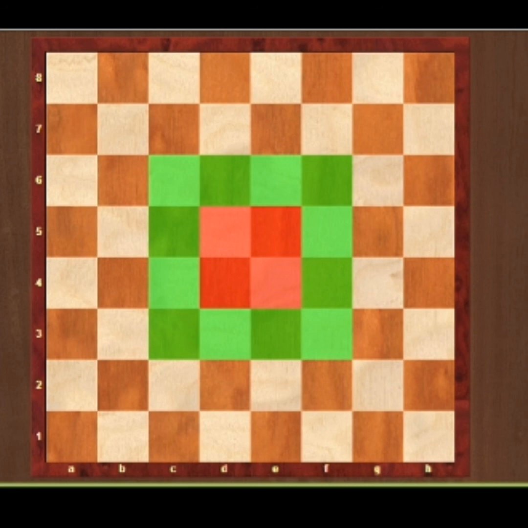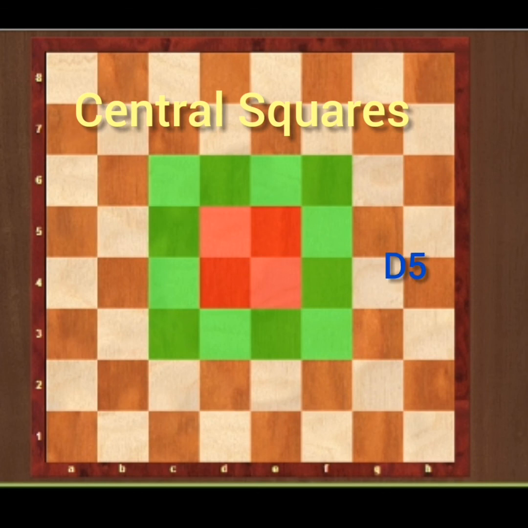Or even take it like the football field. I mean, the centre being the most important part, because the team that controls the centre has a better chance of attacking and also has a better chance for defence. The squares in red are the key central squares: D5, D4, E4 and E5.